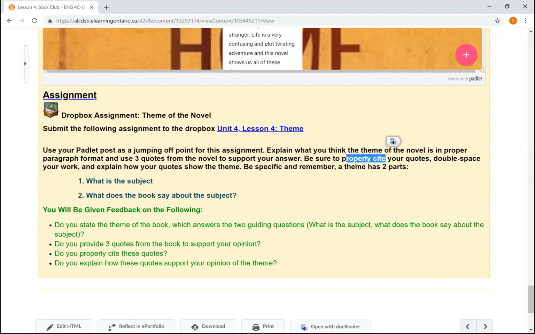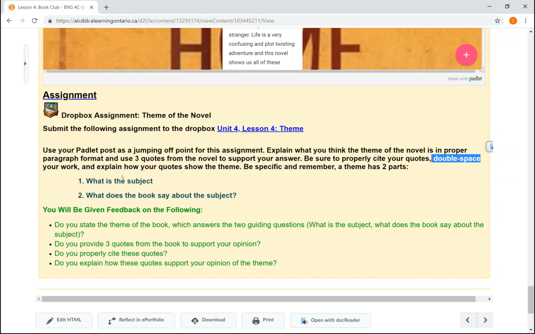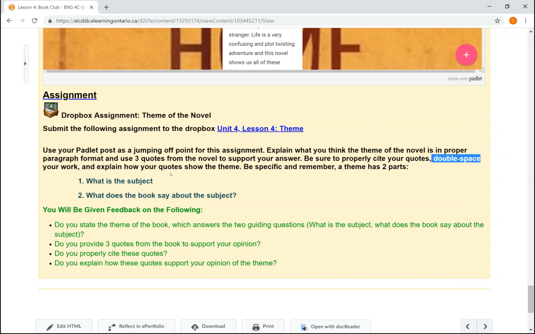If you're having difficulty, go into the email that you received right before the exam, which will be a bit of a refresher for how to do your books because it's done for you. Please, please, please don't forget to double space. Explain how your quotes show your theme. It should be very easy for me to understand what you think the theme is based on the quotes that you've selected.